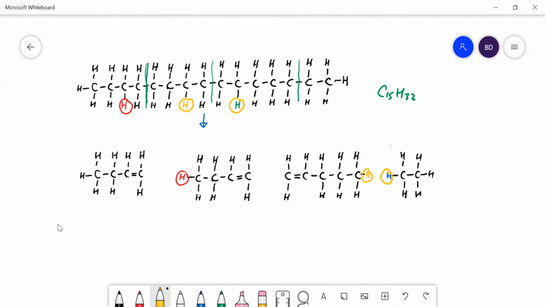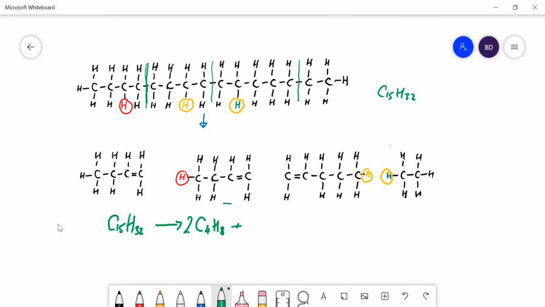Right, so let's write a balanced equation for that one. So that's fragmented in multiple places like the other one, so we're going to get C15H32. And you're going to get this, the first one on the left, which is C4H8. And then you're going to get this one, which is also C4H8, so I should get rid of that really and put a 2 in front. Let's do that.